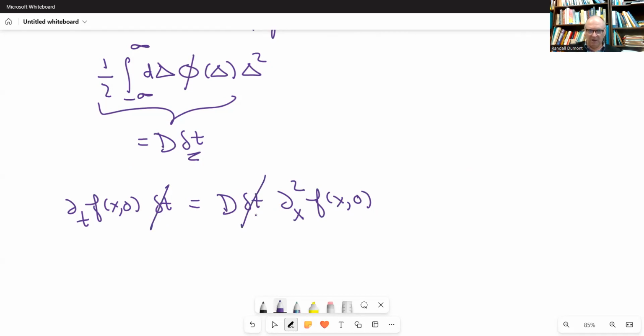Now, if this had been a higher power of delta t, then it wouldn't completely cancel, and if you made delta t small, those terms would go away. If we had a lower power of delta t, then this term would be zero in comparison.